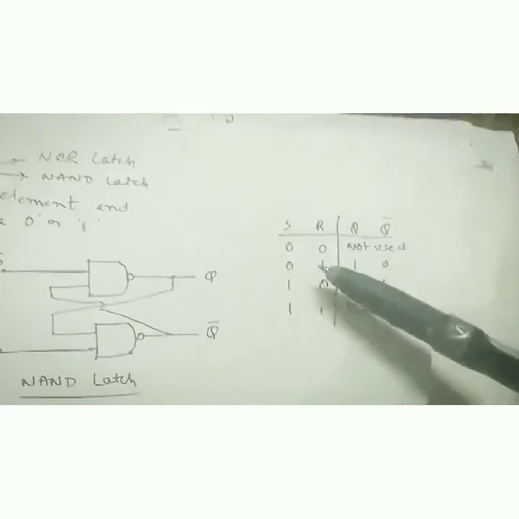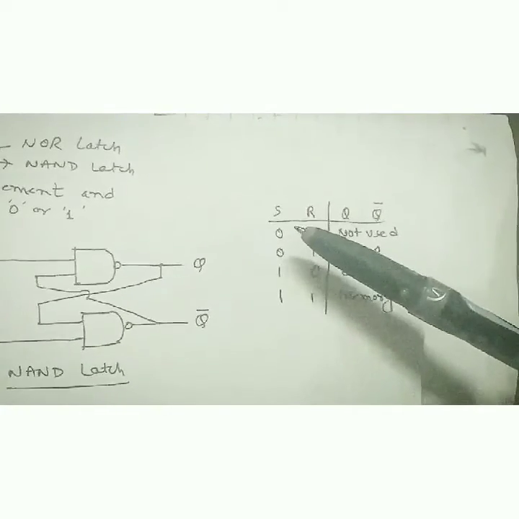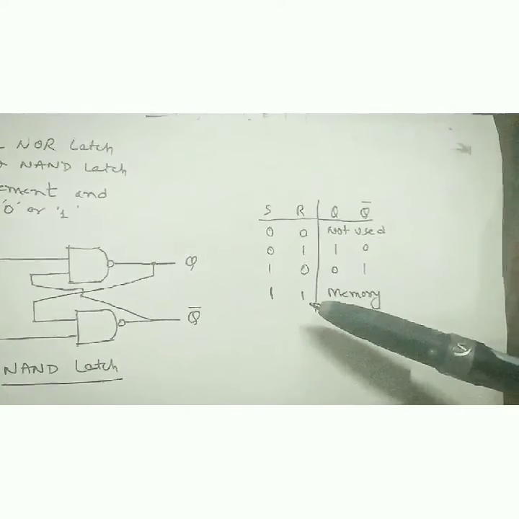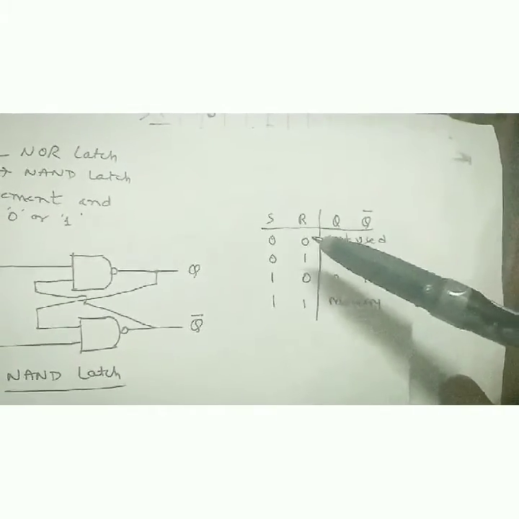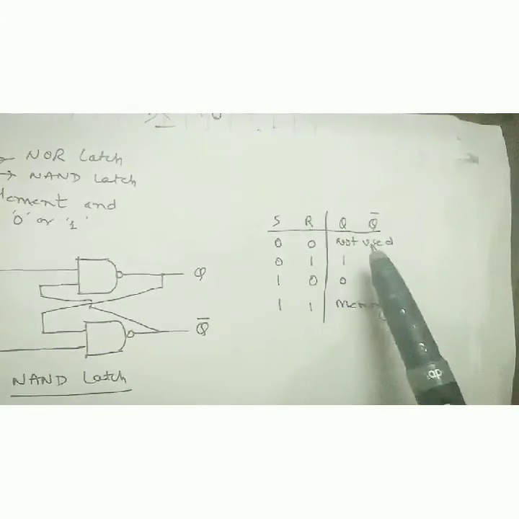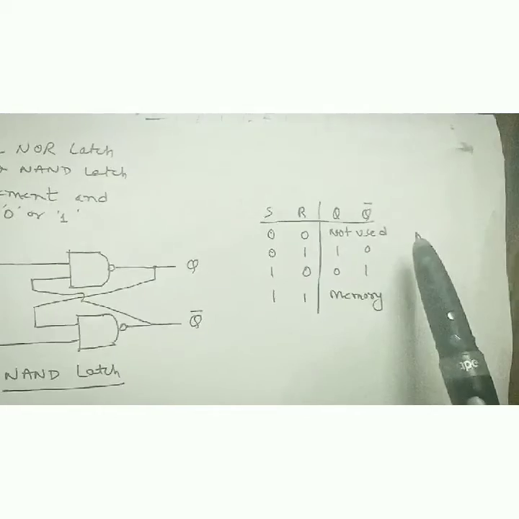In the NOR latch, 1 1 was the invalid state, but in the NAND latch, 0 0 is the state which is not used, or it is known as invalid state.